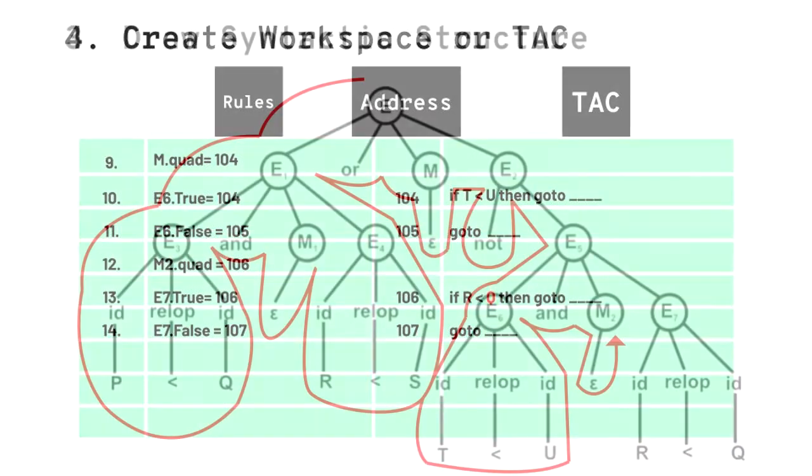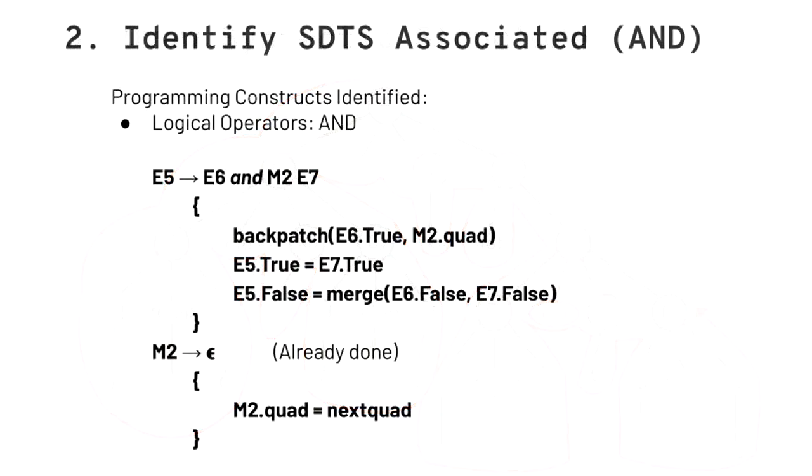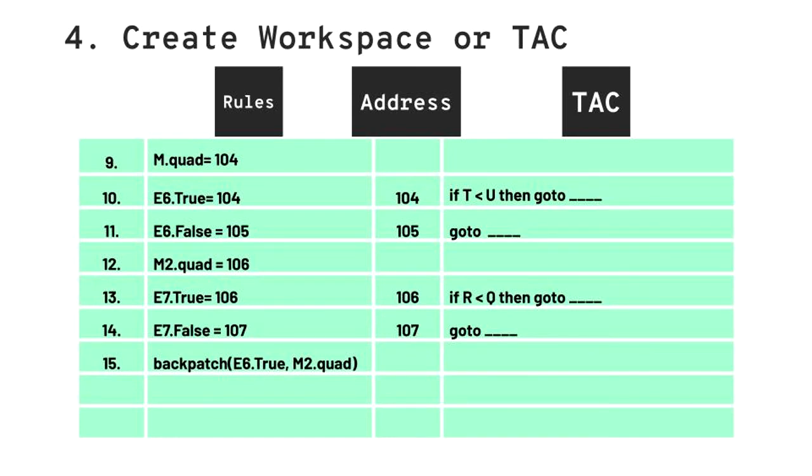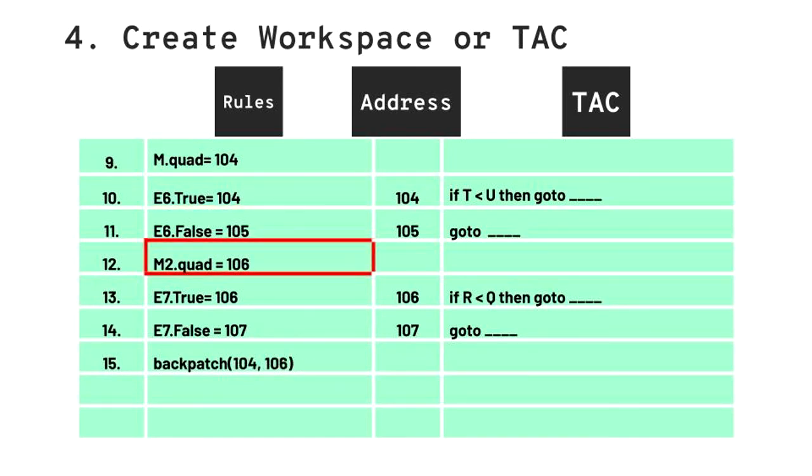Now that we have figured out all child nodes of E2, we can use a semantic action associated with AND operator. Starting from backpatch E6.true, m2.quad. E6.true is equal to 104 and m2.quad is equal to 106. Therefore, we get backpatch 104, 106. We are familiar with the backpatch function mentioned earlier.